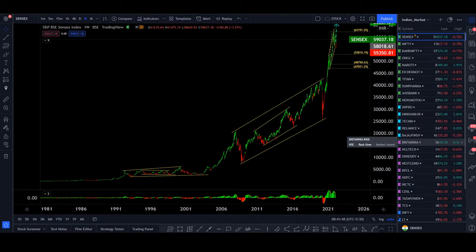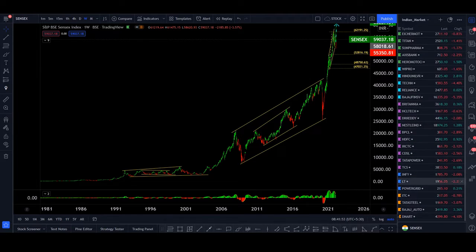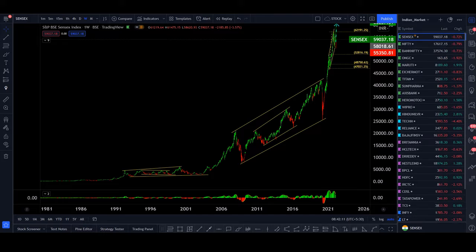The pinks are the ones which are in a correction, and the dark blue are the ones in an impulse which is running now, with no trade setup yet. The ones in orange are in a downturn right now, and we are waiting for them to turn around to get any setup to enter. In this video we will cover only the trade setups, which are the first 10 we are holding today. So let's start with Sensex.